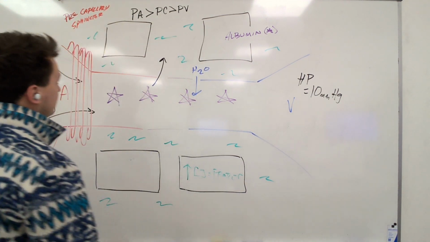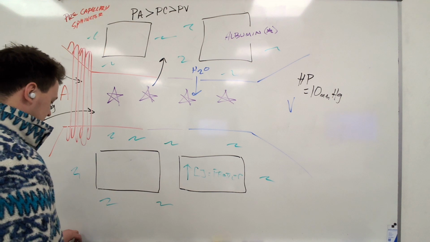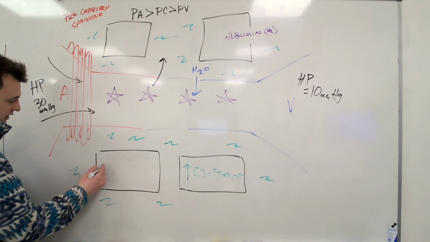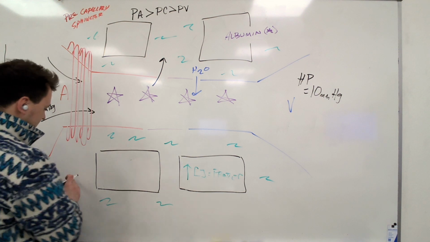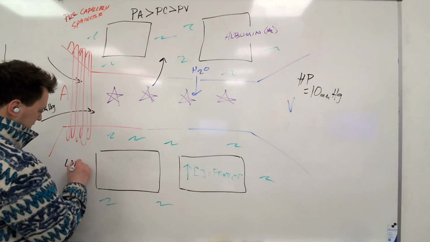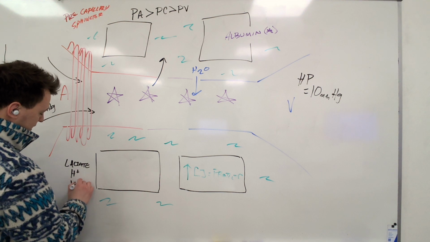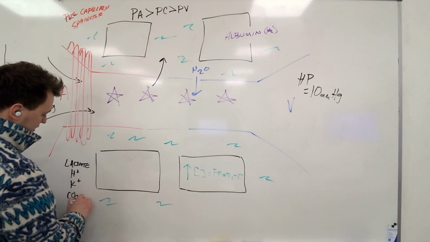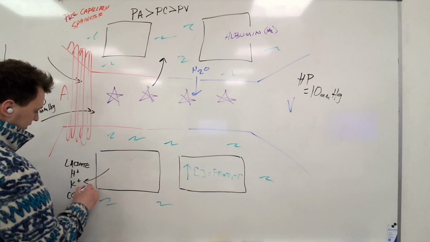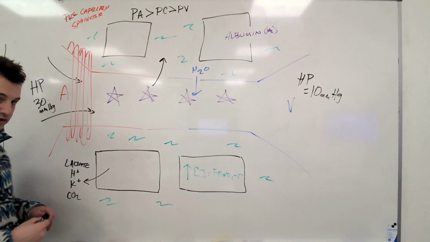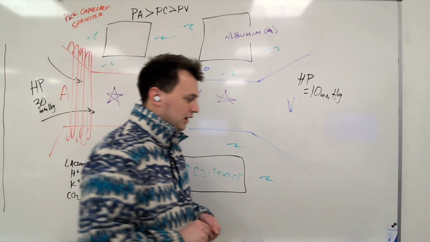As these muscles contract, a couple of things leave the muscles. What leaves the muscles is lactate, hydrogen ions, potassium ions, and carbon dioxide. These all leave. And you might be like, oh, okay, so that's what causes soreness. No, I'm sorry.